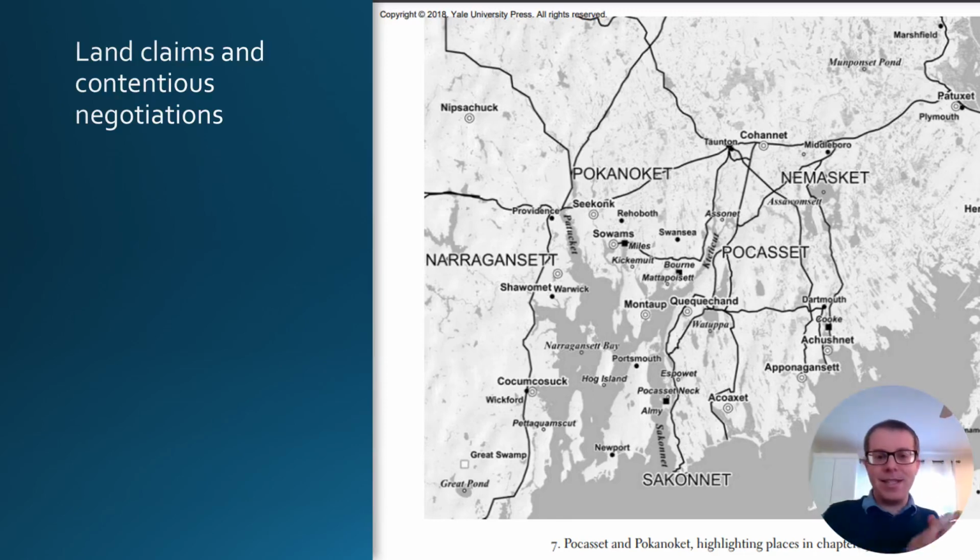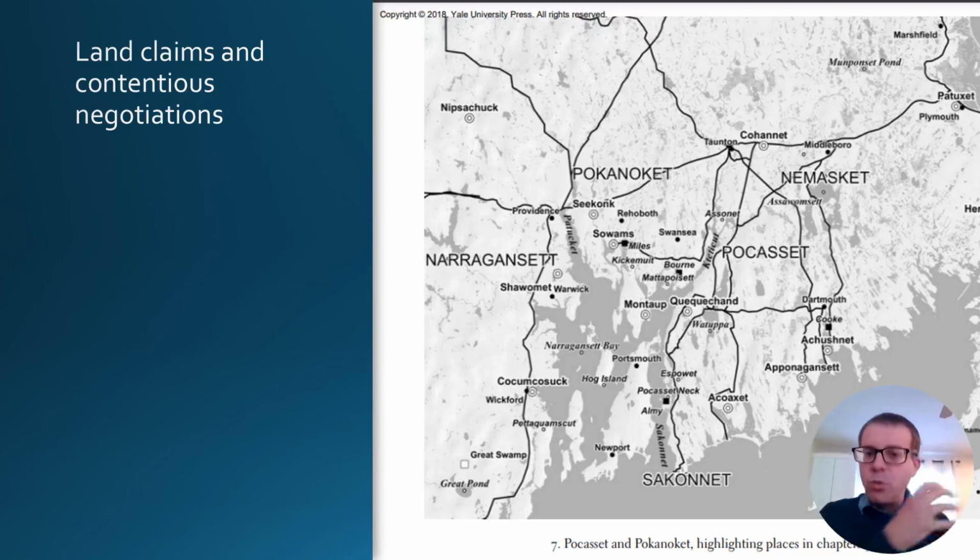attempt to resist his claims and say, no, we own this land. But through this faulty treaty and this faulty land sale, the English are able to essentially steal the land of Saconet and use Mamunua's claim as a legal shield to these lands.